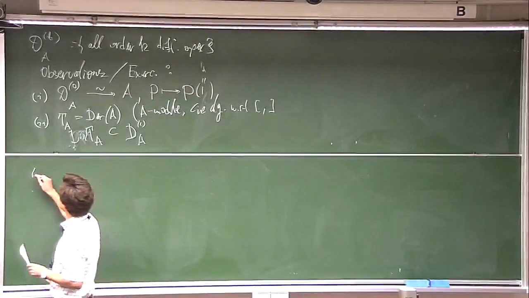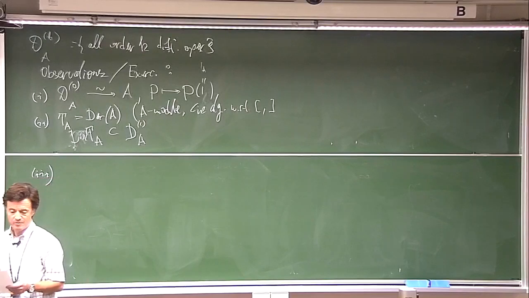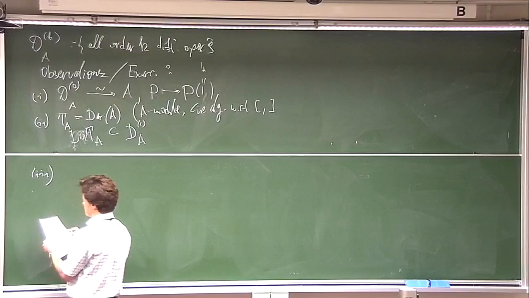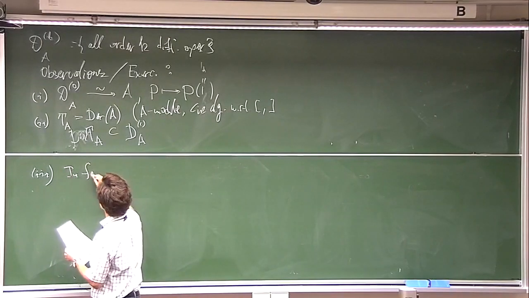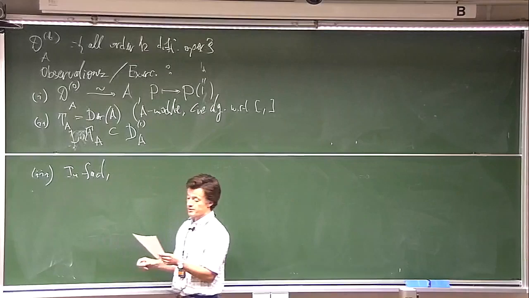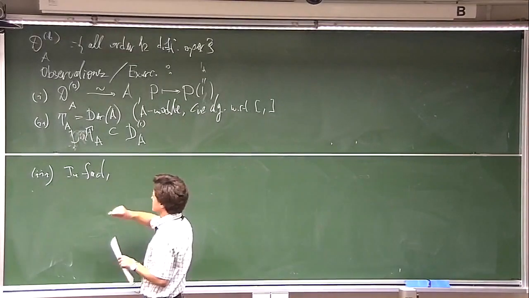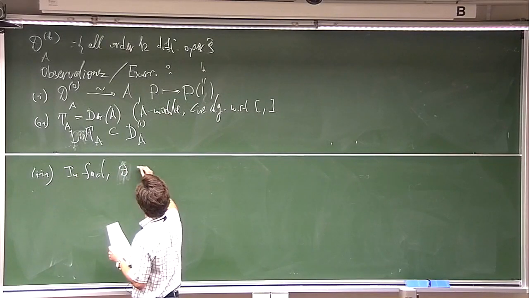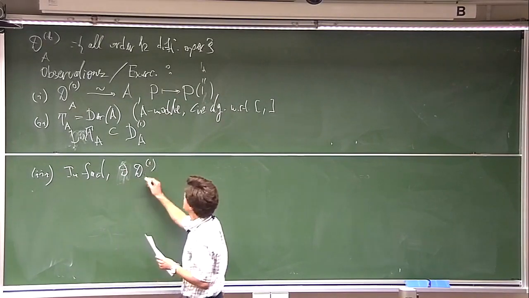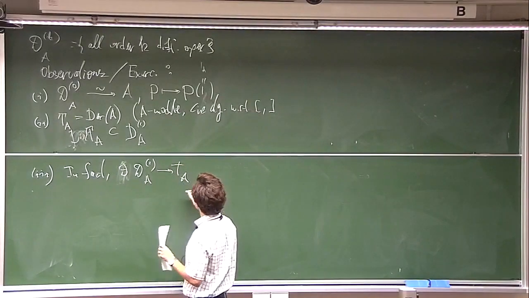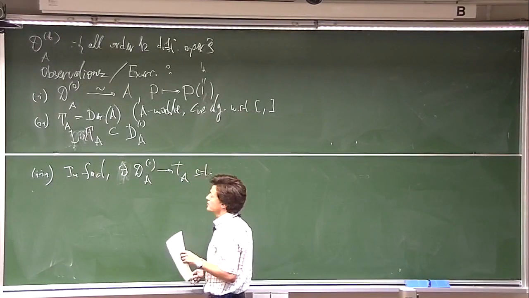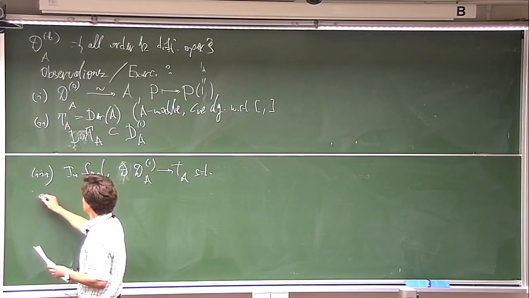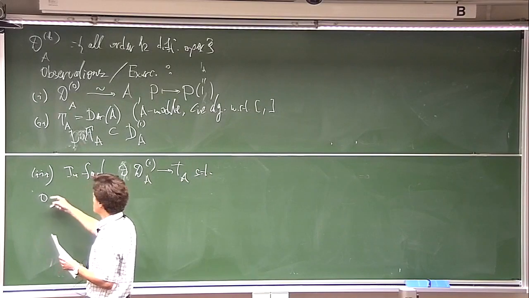3. Somewhat surprisingly, and why surprisingly, that will become clear later. In fact, there is a map in the opposite direction. In fact, there is a map from this case to derivations which can be included into the following short exact sequence.